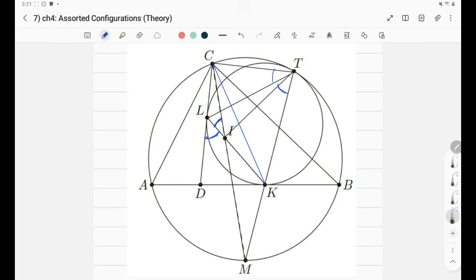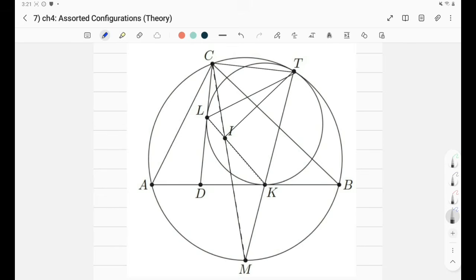How can we show this is cyclic actually? And don't worry, we'll be writing the proof in detail later. But right now let's just focus on showing it cyclic. How can we do that? To show that this one is cyclic, of course, we have many options, many angles to choose. But what we want to choose are angles that correspond to some arcs so that we can play with them.